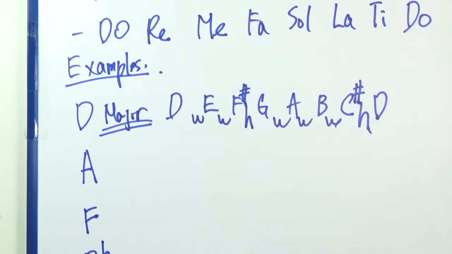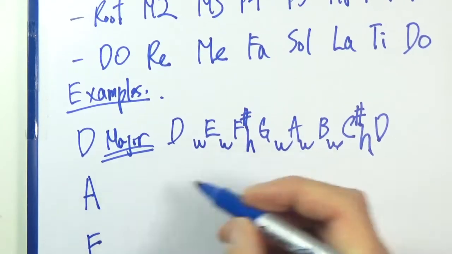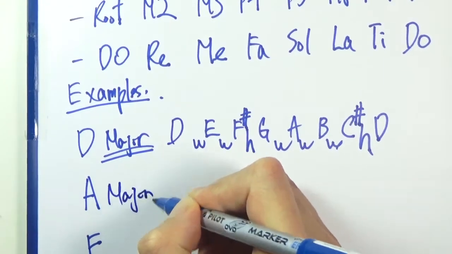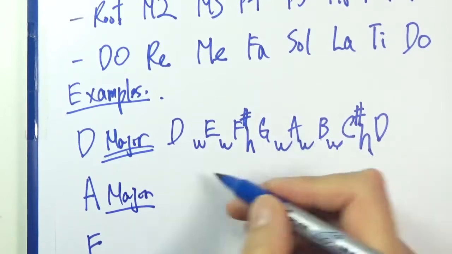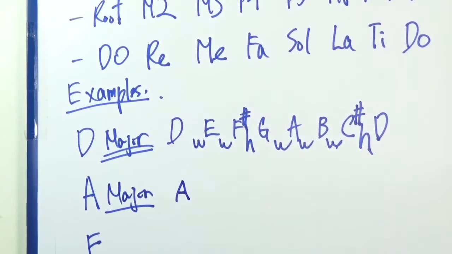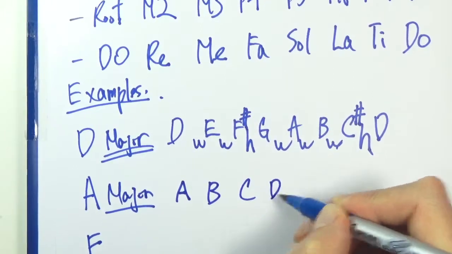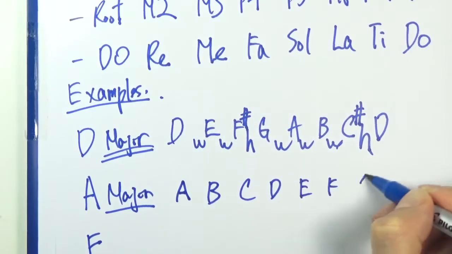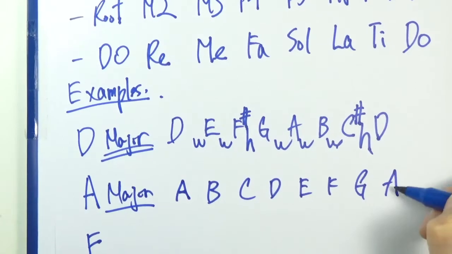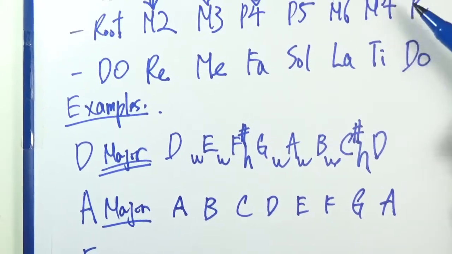Let's do an example with just intervals. What I mean is, for example, A would be our root. I would write down all the notes first, and then I would use the interval formula here.